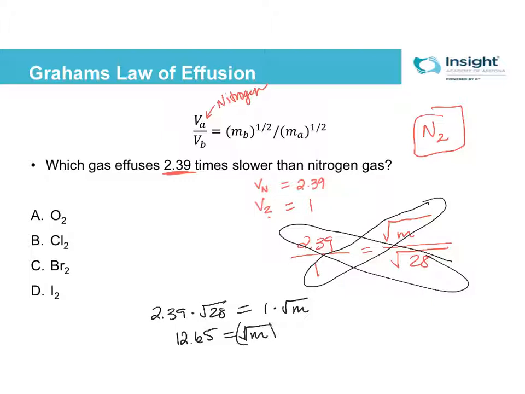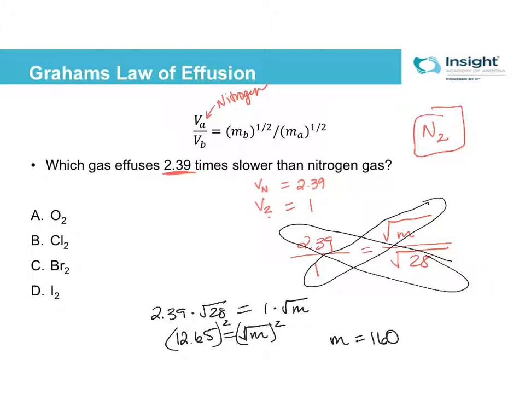And if I want to unsquare root that, I just have to square both sides. So I'm looking for something that has a mass of approximately 160.